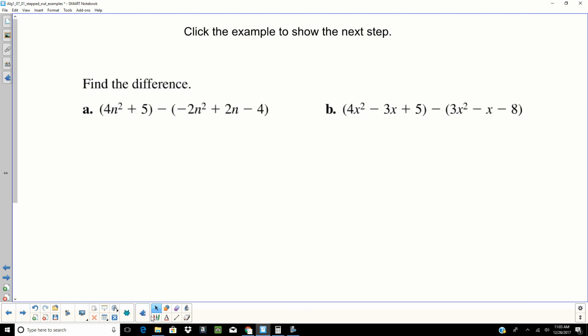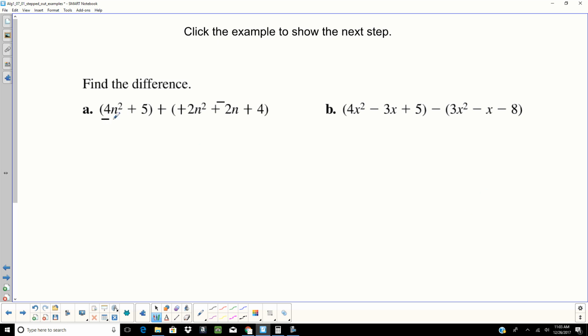When you've got subtraction, what I do is I distribute that negative sign throughout. So I make that a plus, and then everything on the inside changes signs.